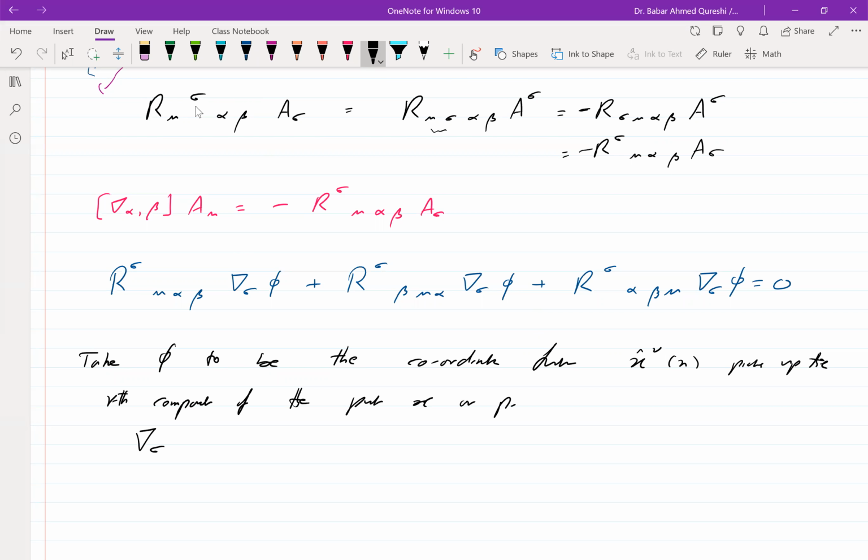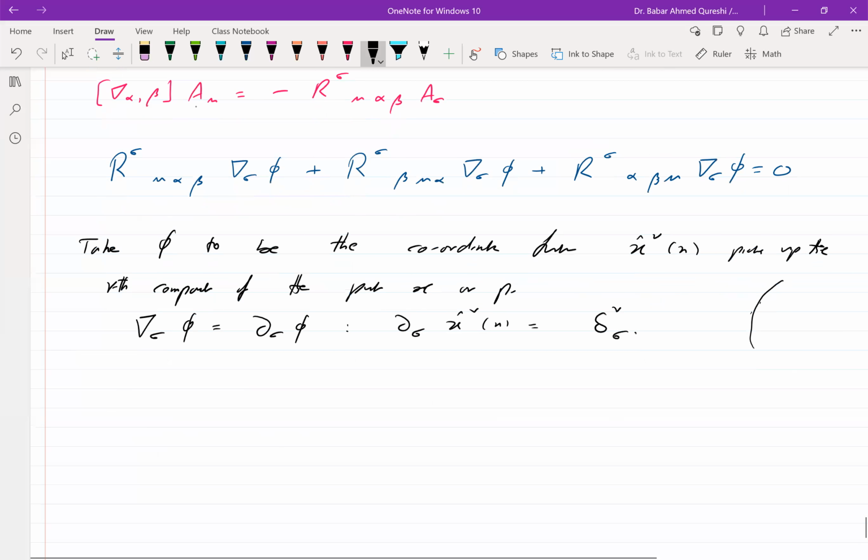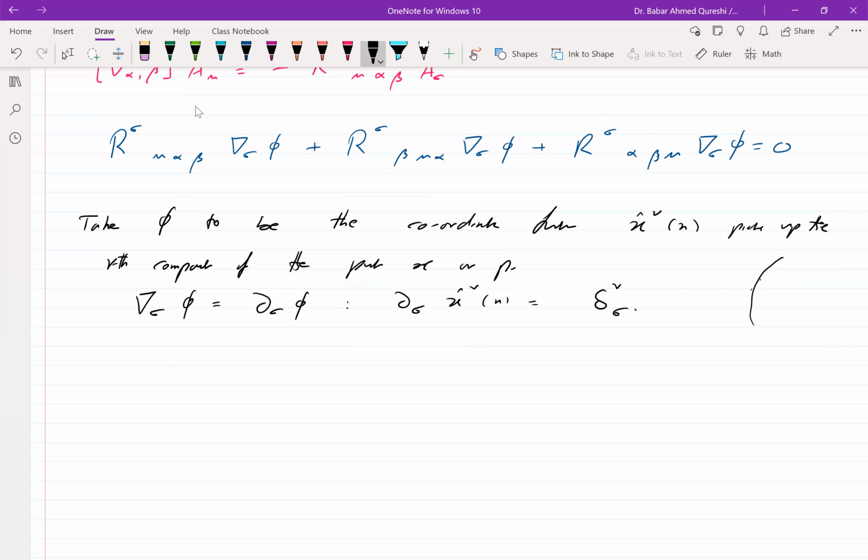I know that the covariant derivative on functions is just the partial, and on the coordinate function this just gives me d nu sigma. It's just telling me I have a function which picks up the nuth coordinate. So when I move in the nuth direction, it changes. When I'm doing the other directions, I don't get anything. That's just the very definition.